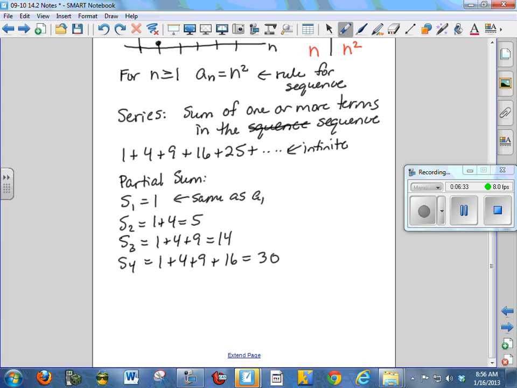So we can find partial sums by just adding up the designated number in the subscript of the terms in the sequence. Now, we are going to turn our attention then to some specific sequences that have some specific patterns in the next video called arithmetic sequences.